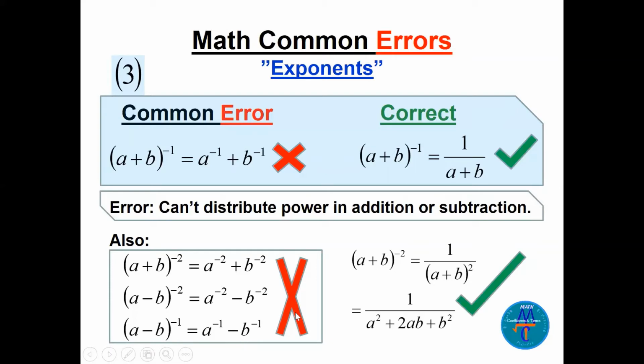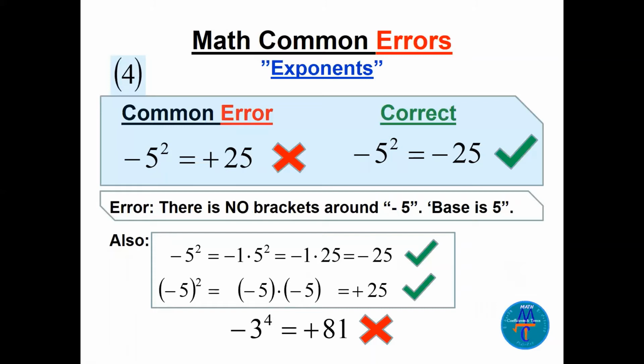All wrong. Now, if you have a square like this, A plus B to the power minus 2, it is 1 over A plus B squared. And we know this formula from before, so we write 1 over A squared plus 2AB plus B squared in the denominator. That's the correct one.